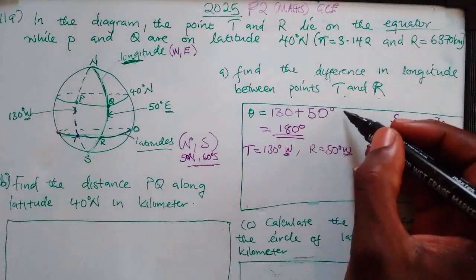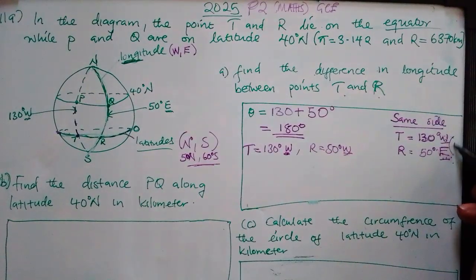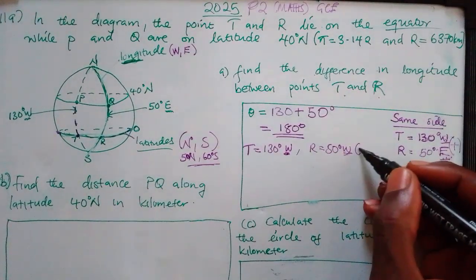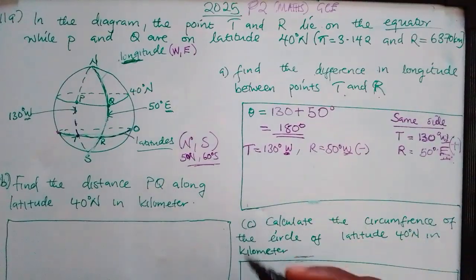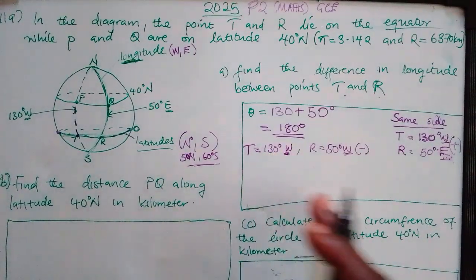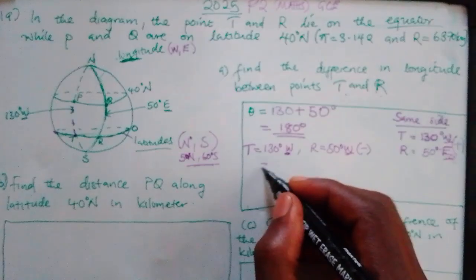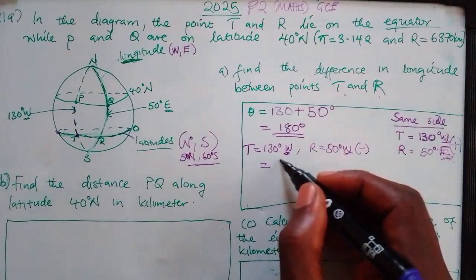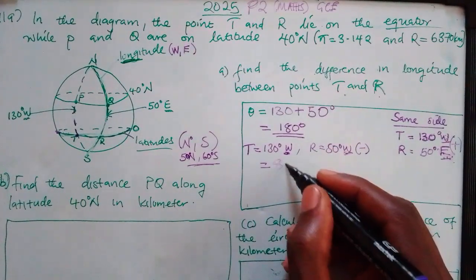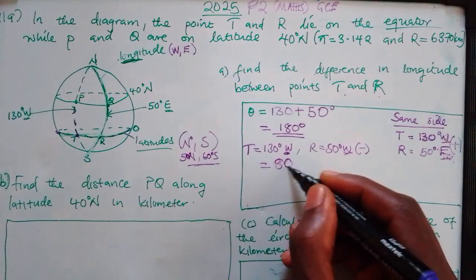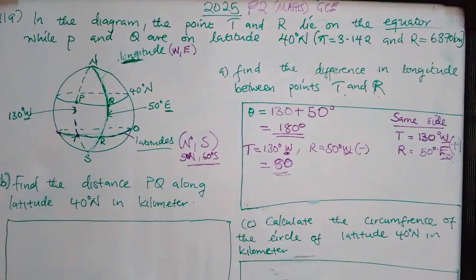So if you have different sides, add; same sides, you subtract. So here you subtract 130 minus 50 degrees, which gives us 80 degrees. This is how you can solve differences in longitude or latitude.